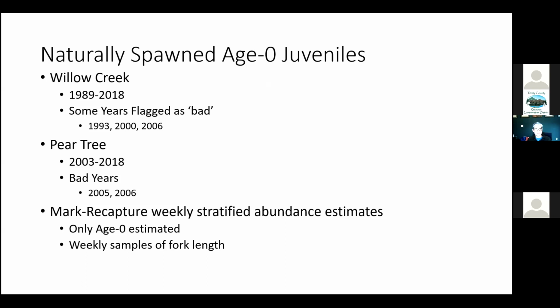For the Pear Tree site, which is at Helena, on the North Fork of the Trinity River just above the confluence with the main stem, we have 2003 to 2018. 2006 was also a bad sampling year there, and 2005 again had some sampling issues, so those two years aren't included for Pear Tree.